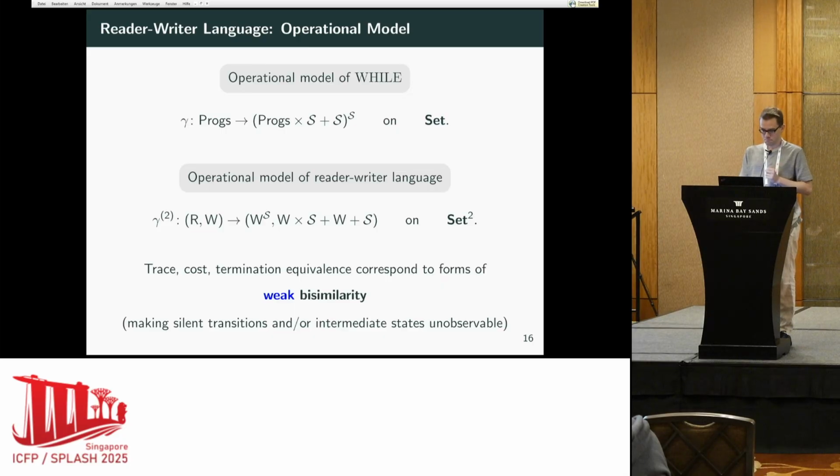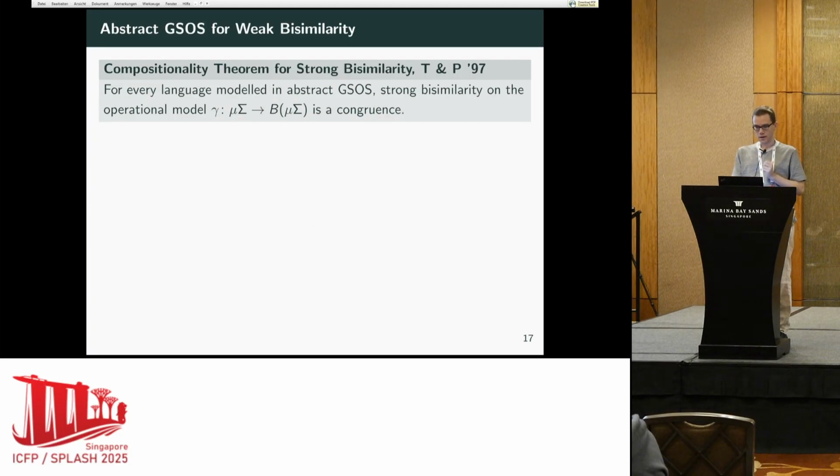And so we can hope that at this level of generality, we should be able to get a congruence result for equivalence of programs. And in fact, we have this. I mentioned this result by Turi and Plotkin, this nice but pretty useless result about strong bisimilarity.